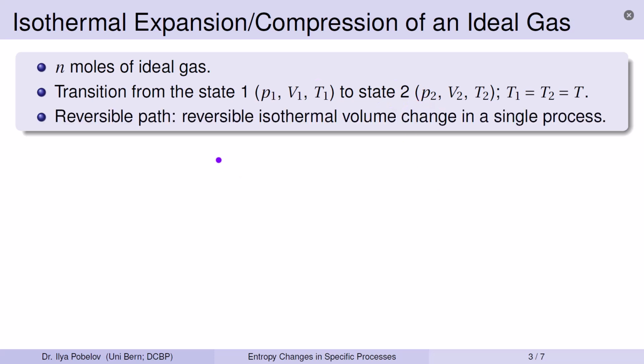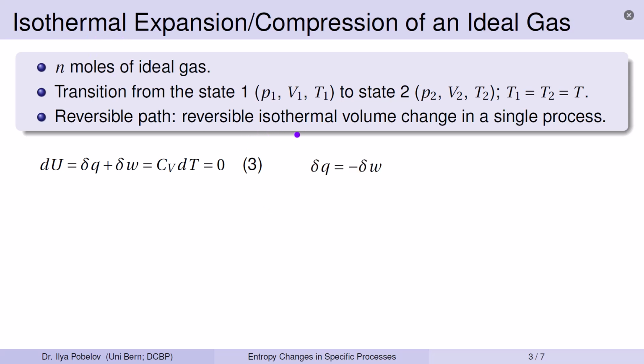A simple reversible path leading from 1 to 2 is a reversible isothermal volume change in a single process from V1 to V2. According to the first law of thermodynamics, dU is equal to delta Q plus delta W. The internal energy of ideal gas depends solely on the temperature. Therefore, it does not change in an isothermal process.